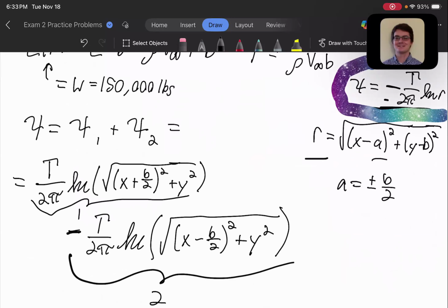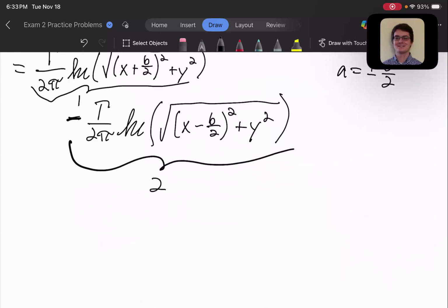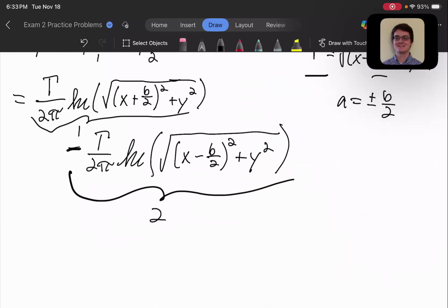Okay, so now we have the stream function. What do we do now? Somebody said it over here earlier: find the vertical velocity by taking the derivative with respect to y. Is it with respect to y or x?